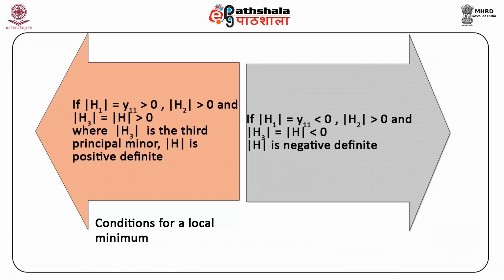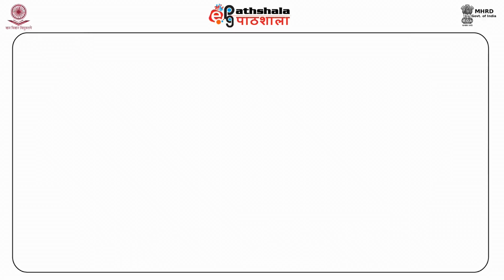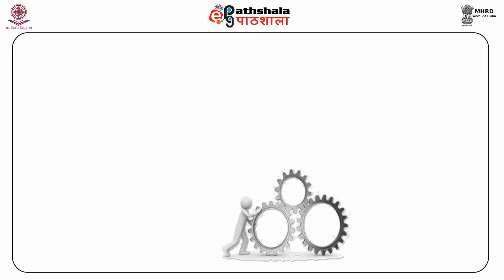If H1 equal to y11 is less than 0, H2 is greater than 0 and H3 equal to H is less than 0, H is negative definite and second order conditions for a maximum are fulfilled. Higher order Hessians follow in analogous fashion.